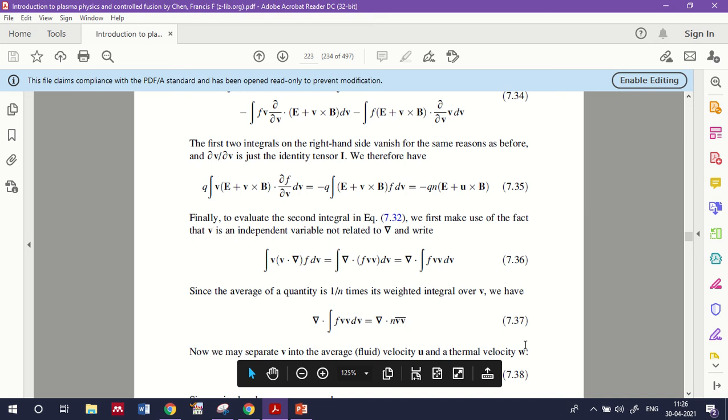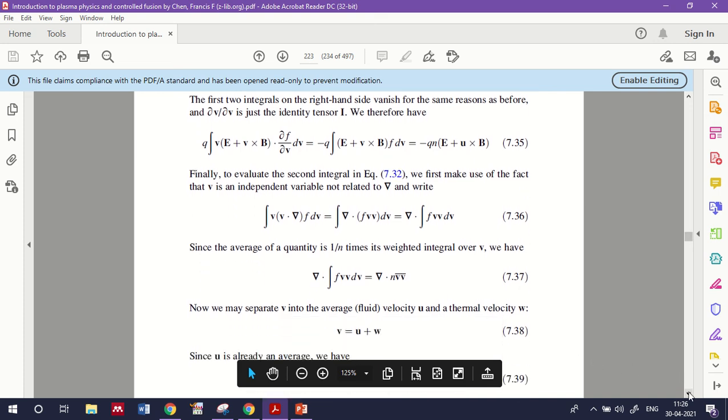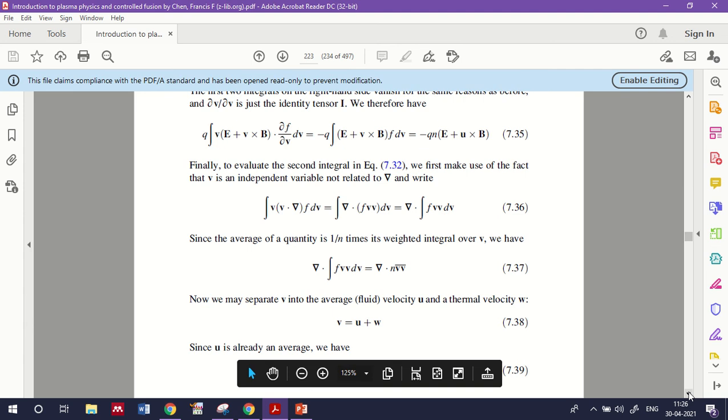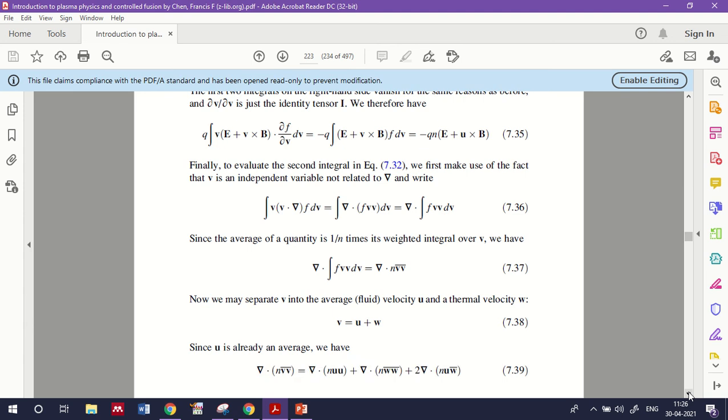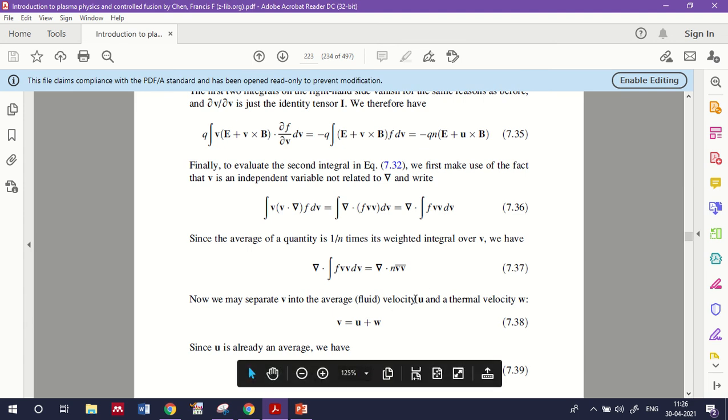Okay, so if you separate the velocity into two components, one the fluid velocity u and the other the thermal velocity w, then you have v equal to u plus w.